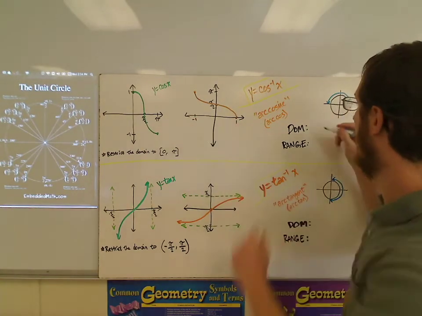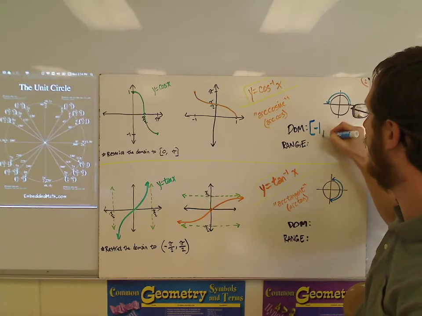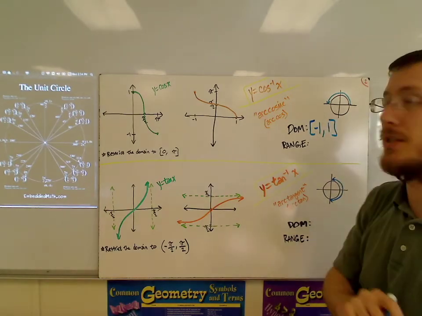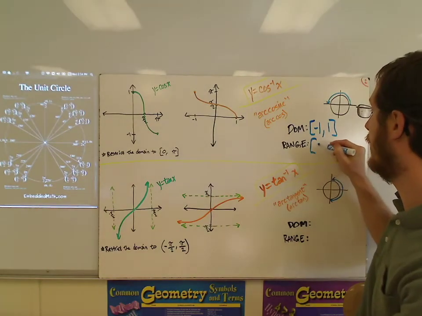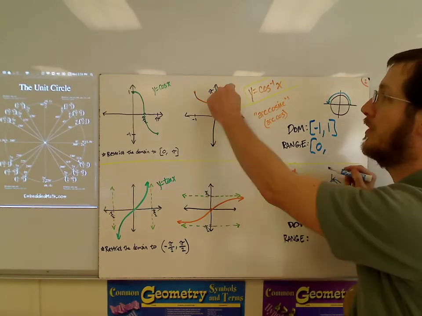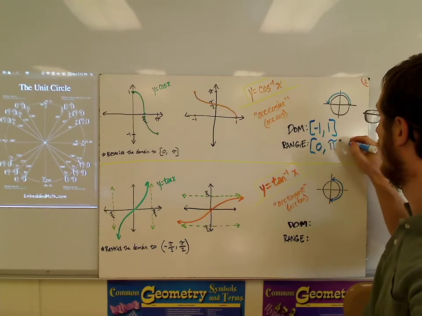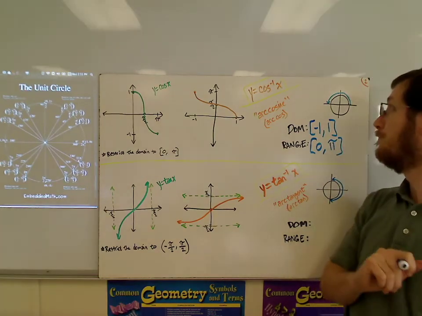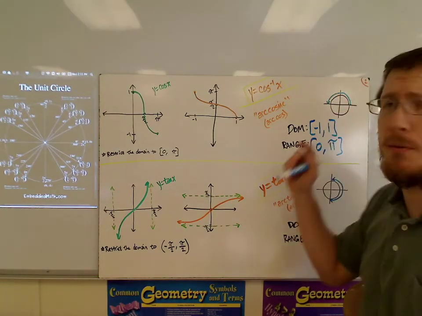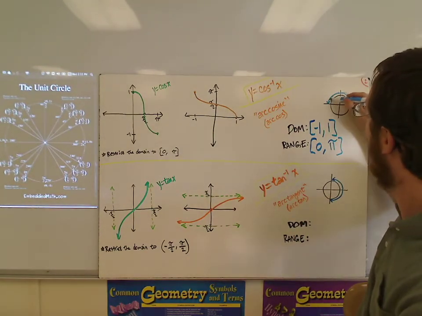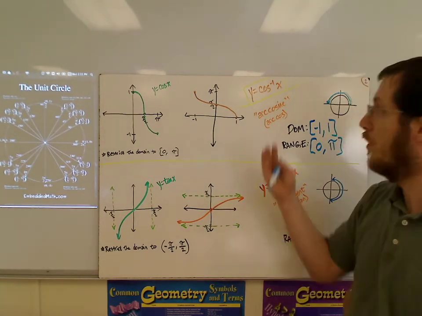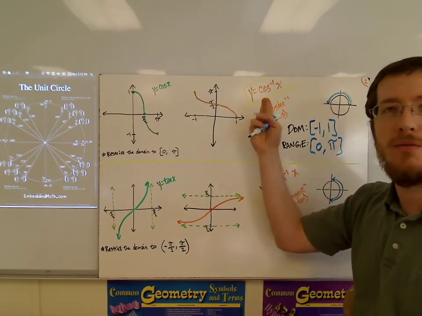Our domain has values from -1 to +1, and our range has values from 0 up to pi, including both. So if we think about our unit circle, only the angles from 0 to pi will come out of our inverse cosine function.